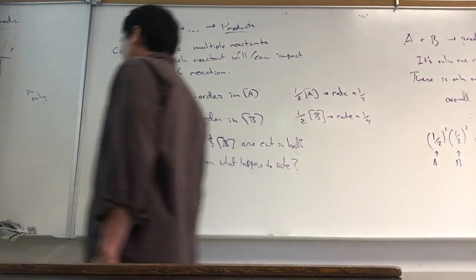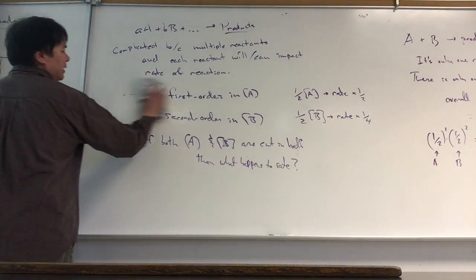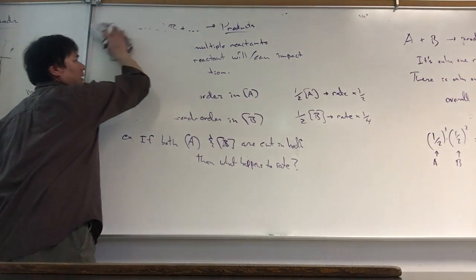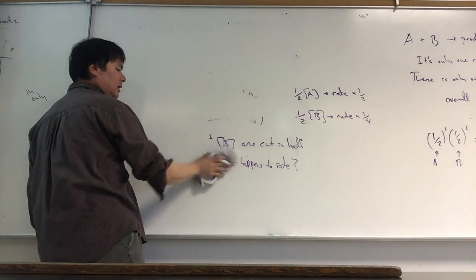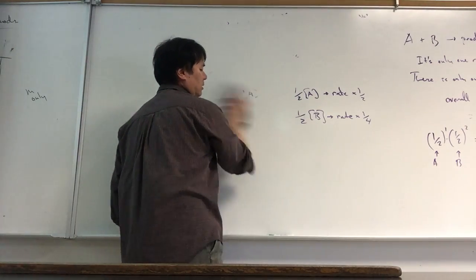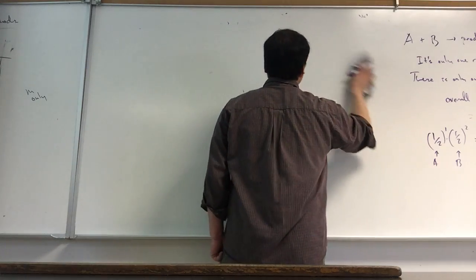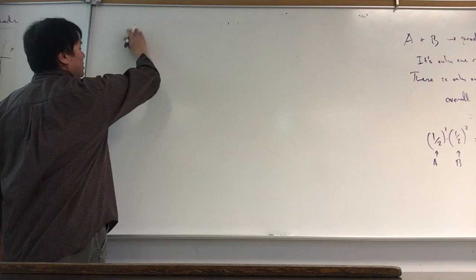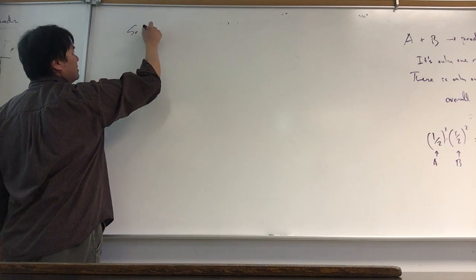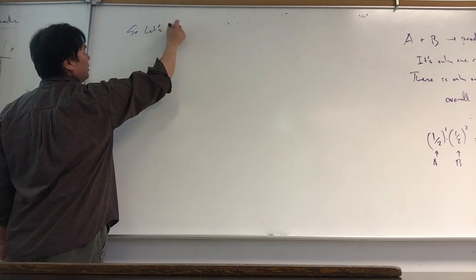Well, this is getting more complicated. And so I don't want to start off with a more complicated multiple reactant analysis. We're going to start off with simple. So let's start simple.